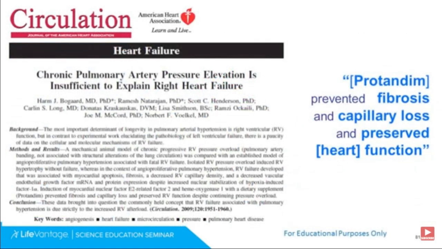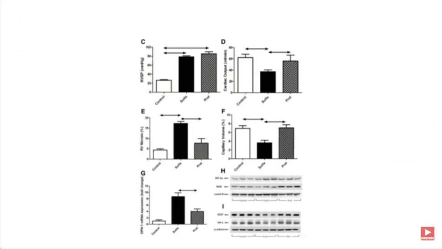Now, as I told you earlier, the article that really caught my attention about this whole Nrf2 thing was this article right here, the one in Circulation. And what they found in this study was that Protandim prevented the fibrosis and the capillary loss and preserved heart function in pulmonary arterial hypertension, which is pretty profound, and we could go into great detail about this, and I'd love to because I'm a cardiologist.